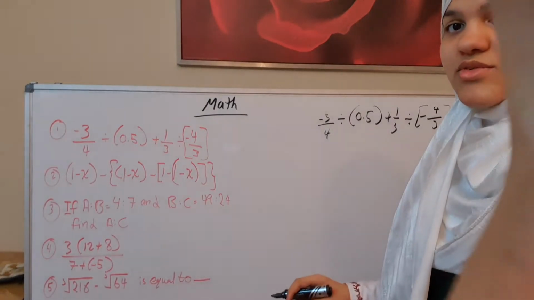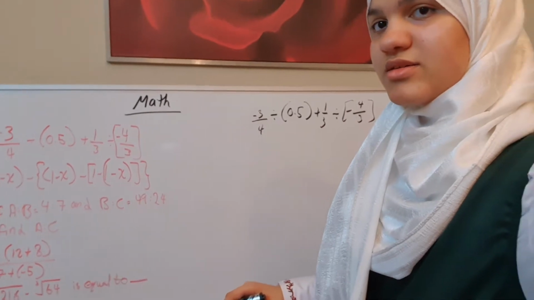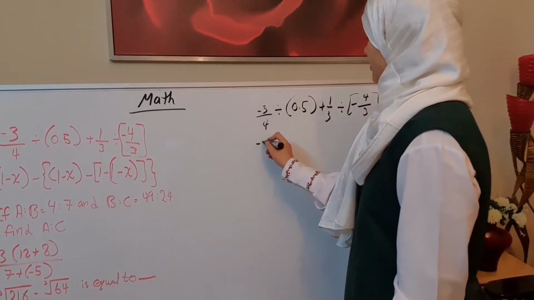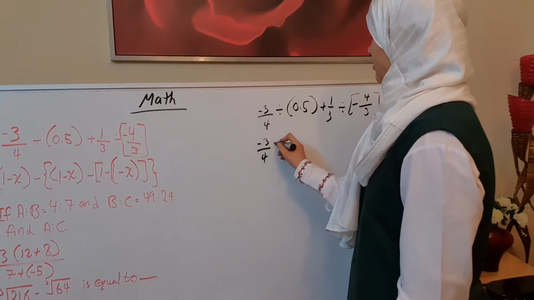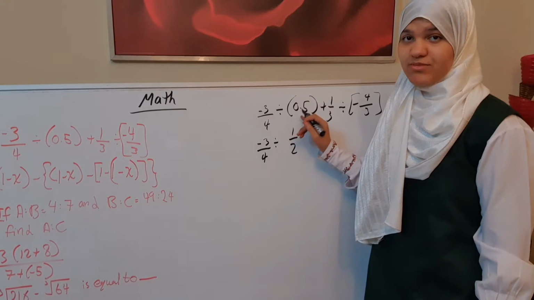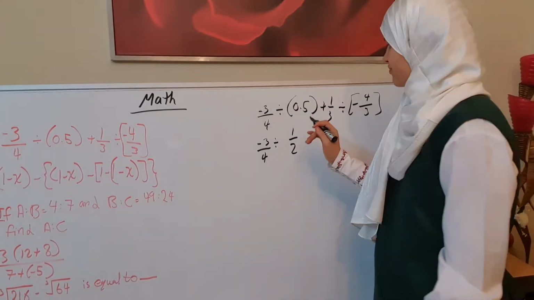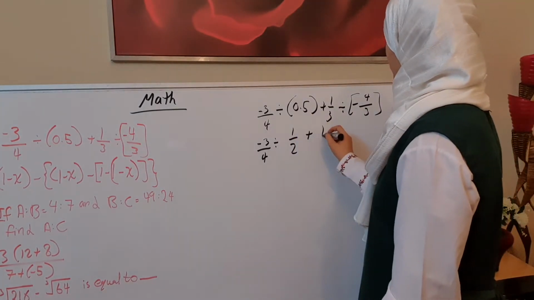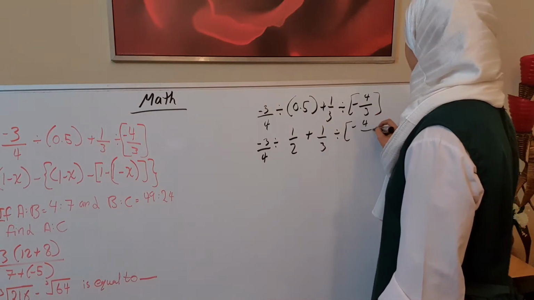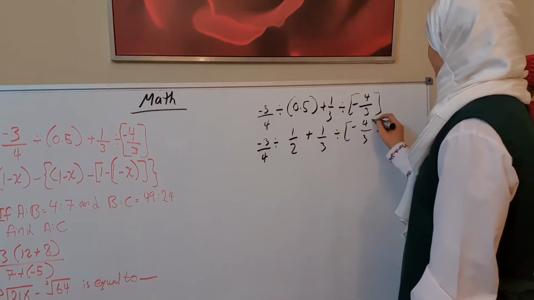Okay, you can see here, yes, it will be negative 3 over 4 divided by 1 over 2, because 0.5 is the same as the fraction 1 over 2, plus 1 over 3 divided by negative 4 over 3.